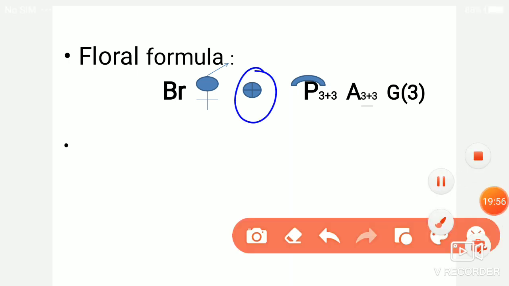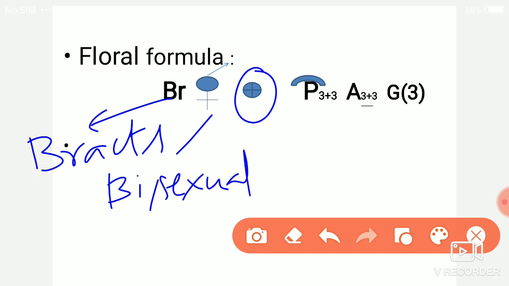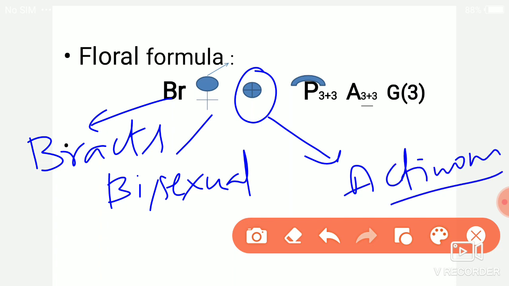Then it is actinomorphic. Here bracts are present, this symbol is bisexual flower, and this is actinomorphic flower. We have studied that actinomorphic flower means the flower which, if it is divided in any plane, will give rise to equal halves.